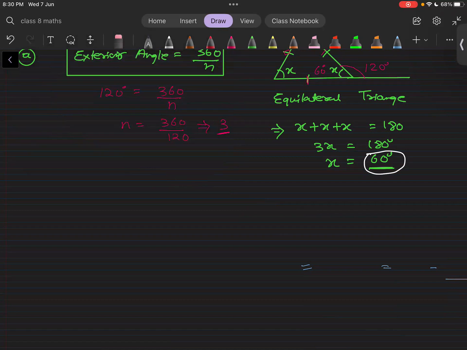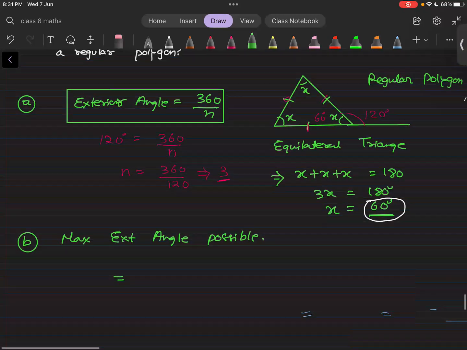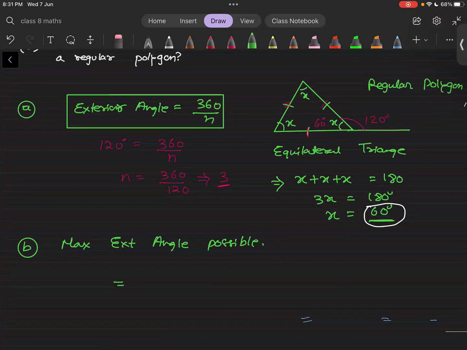So question number B. We need to find the maximum possible value of the exterior angle. Maximum exterior angle possible. Right, guys? So in the first question, we saw that the minimum interior angle that is possible is 60 degrees. So hence the maximum exterior angle possible is going to be 120 degrees.